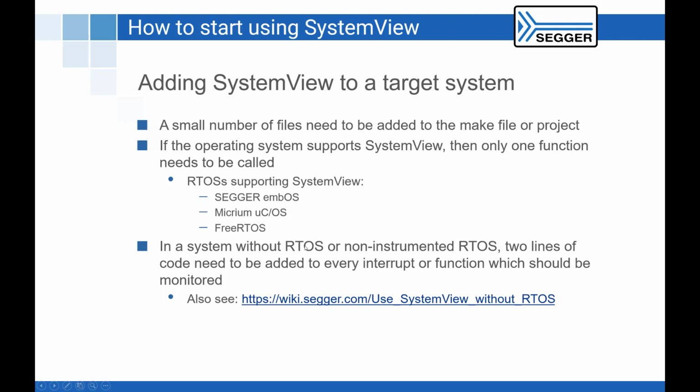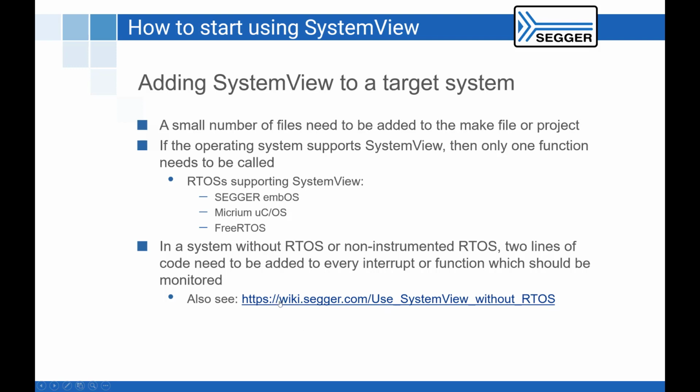If you have an RTOS that is not on this list, or if you don't even have an RTOS, if you're just running bare metal, then you need to instrument your code by yourself. Essentially for every event or interrupt or function that you need to monitor, you need to add 2 lines of code that allows SystemView to capture that.